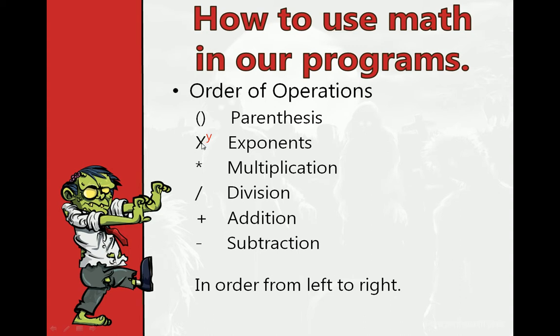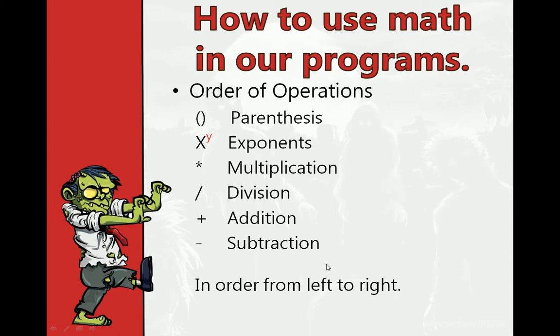If you're not familiar with exponents, it's basically a big number with a little number to the upper right-hand corner of it. If you don't know what exponents are, you might want to consult a math book and find out what they are. Then multiplication, division, addition, and subtraction in order from left to right.